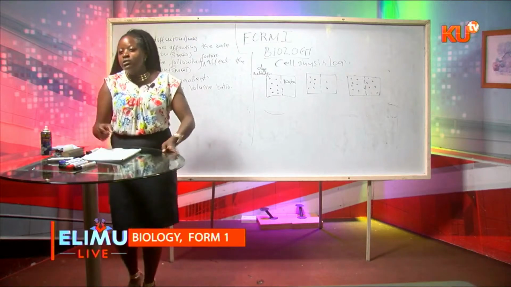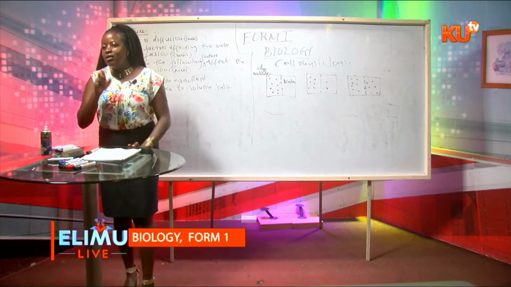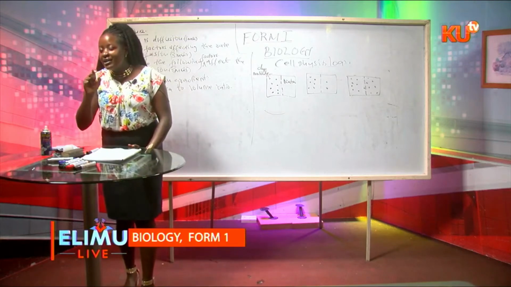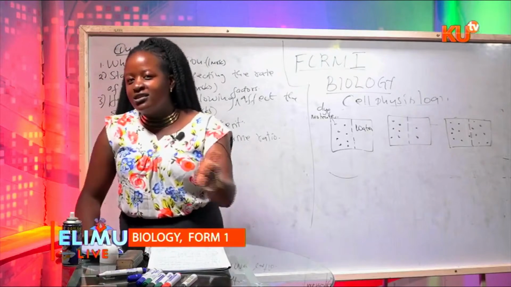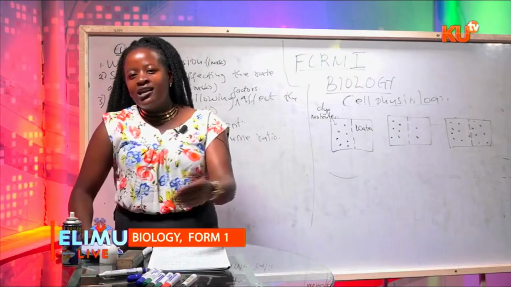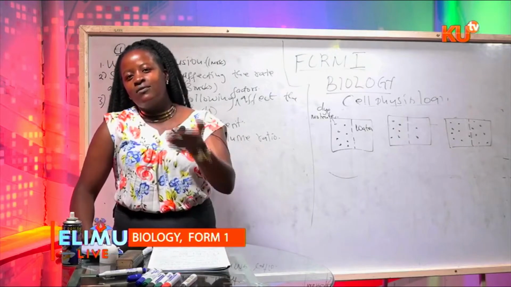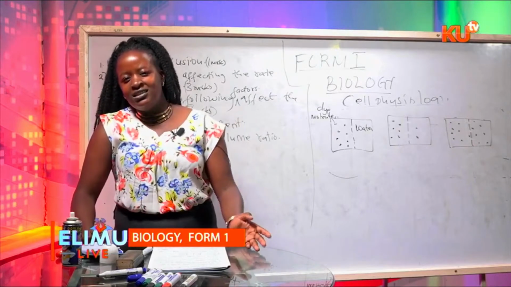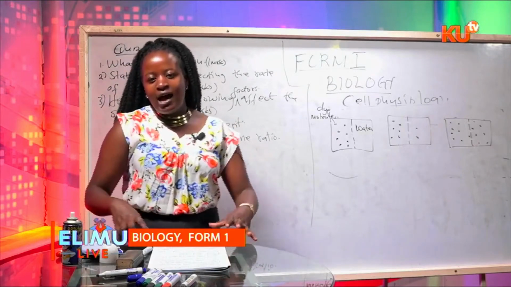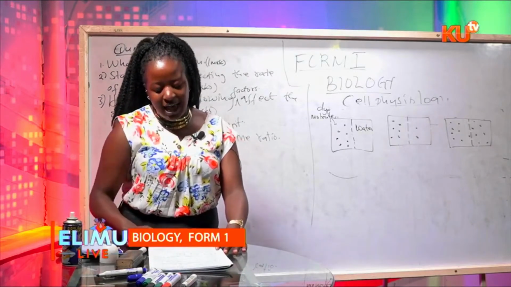You are being told to give the factors and also the negative part of the factors. For example, you can lower the temperature, you can increase the thickness of the tissues, you can lower the diffusion gradient. So give your answer according to what is asked.